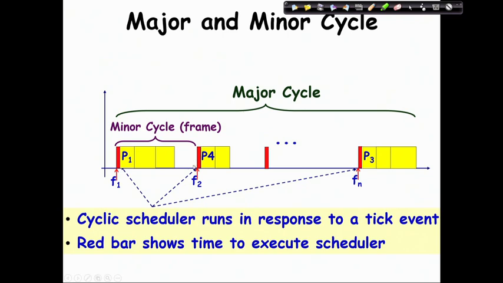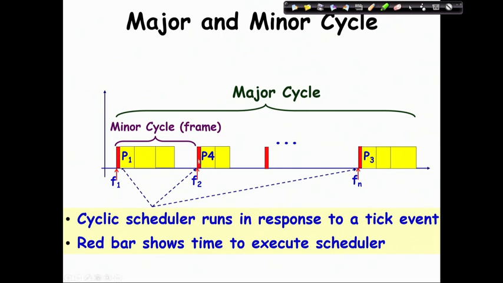and the task may complete early, that remains idle, and then the next frame boundary occurs given by an interrupt from the periodic timer.